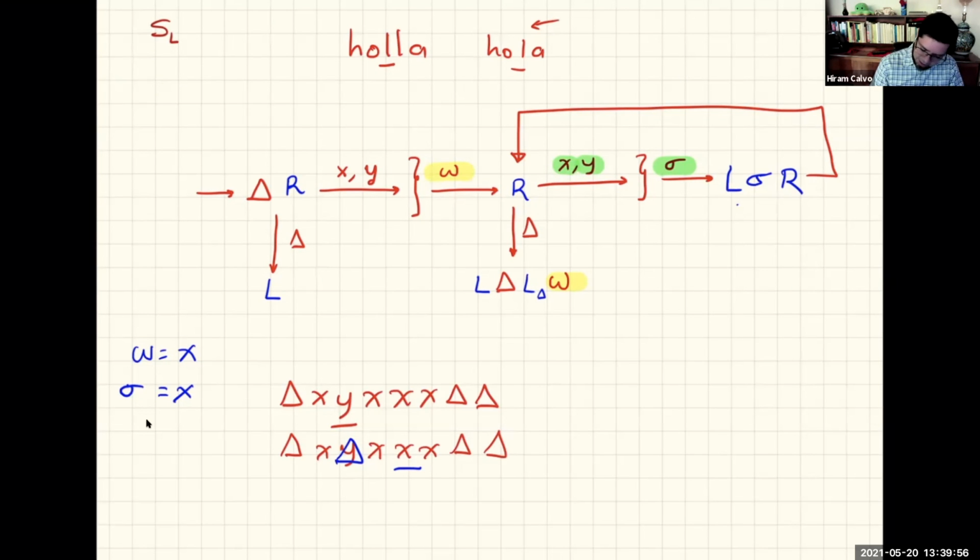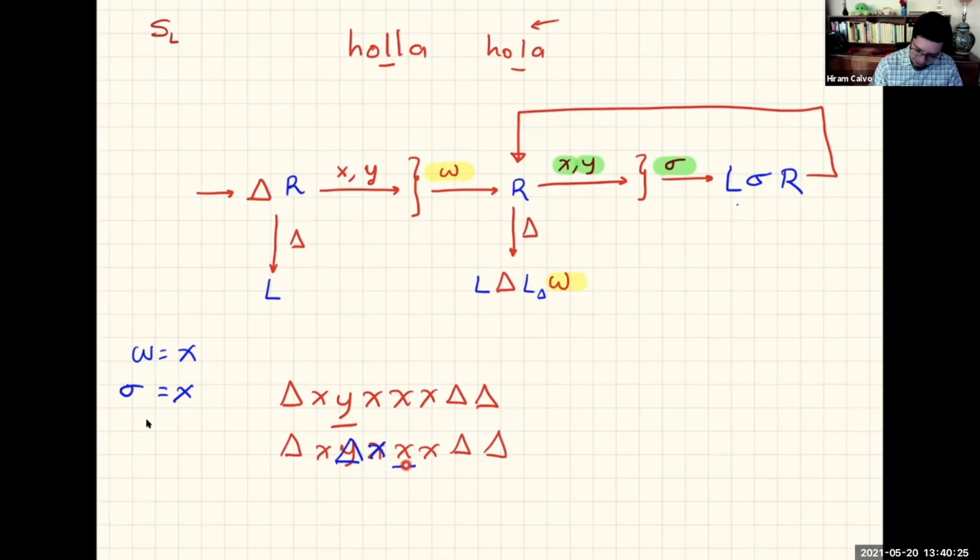Then we move our head to the left. And it says, write the sigma. The value for sigma is X. Then we will write here X. It was already an X, but we just rewrite it again. And then move to the right.